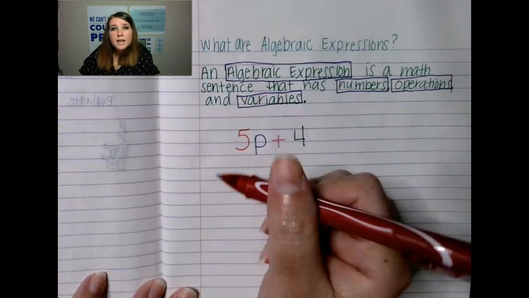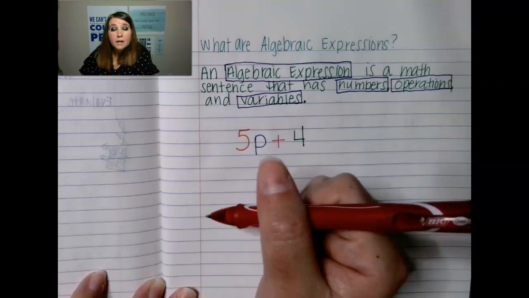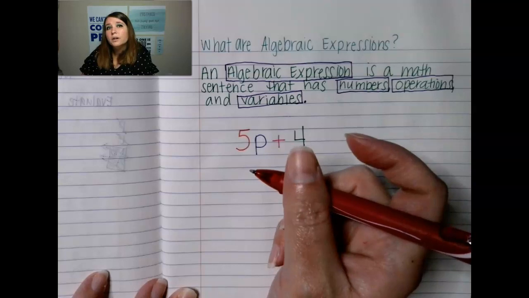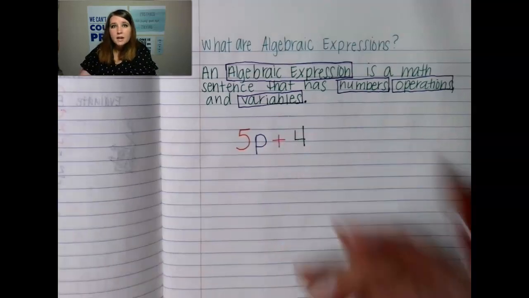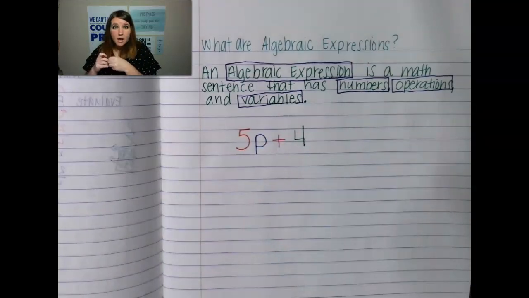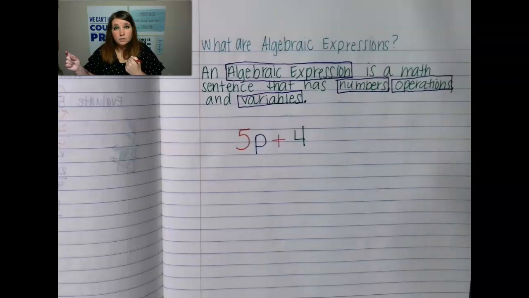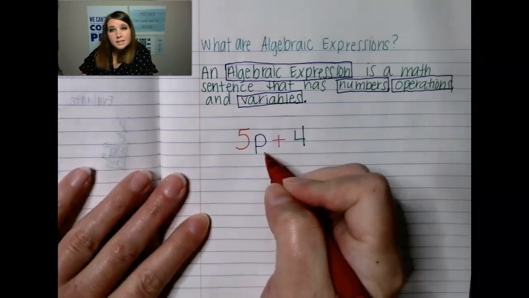I want you to think of like a co-pilot or a co-captain or like a co-worker. Those are things that go together, right? A co-pilot helps the regular pilot, or a co-worker works with somebody else. A co-captain works with the regular captain. So thinking of the word co, a coefficient works with this letter.